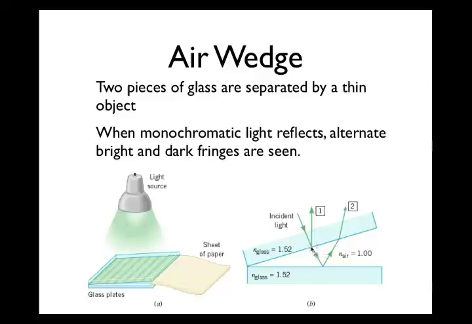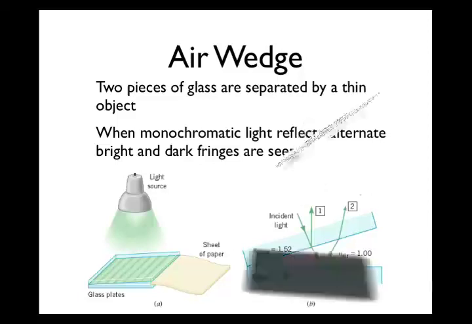A portion of it continues to travel into the gap that contains the air and then bounces back out, goes in the other direction, and then continues back up through the glass and is observed by a viewer up above. Again, there are many more reflection events happening everywhere here, but we're just focusing on comparing the light that traveled along these two paths.